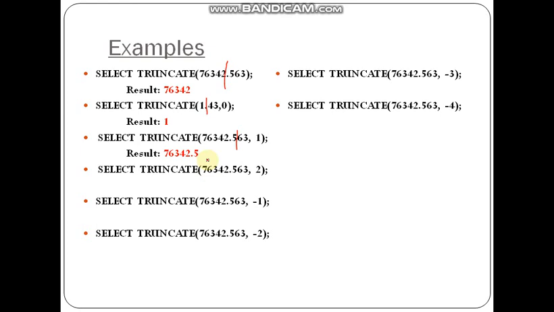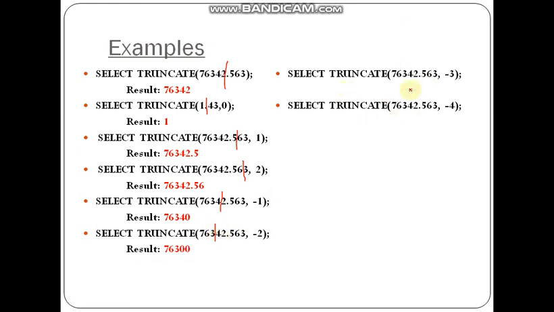76342.5, 5 only. Then comma 2, 2 decimal places. The answer is 0.56. Minus 1: we can give negative values also. Minus 1 means the tens place, so it is 40. Then minus 2 means the hundreds place, 44 only, so it is 300.